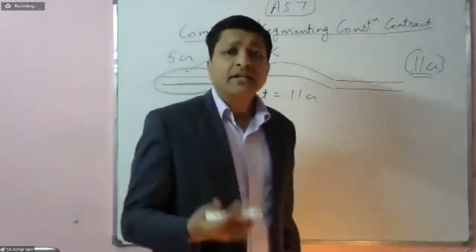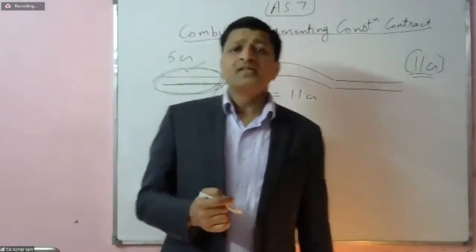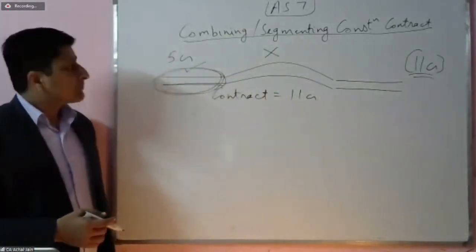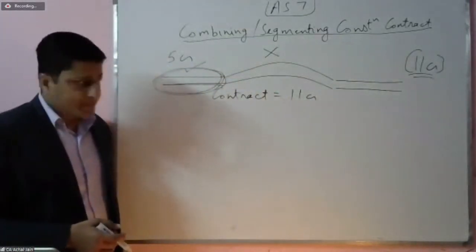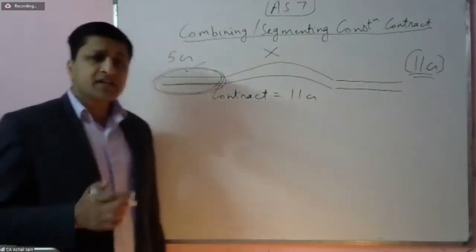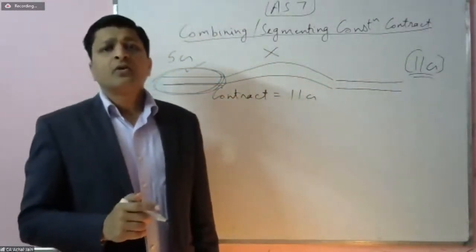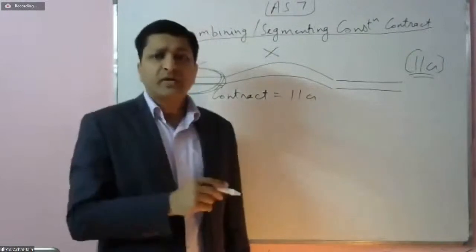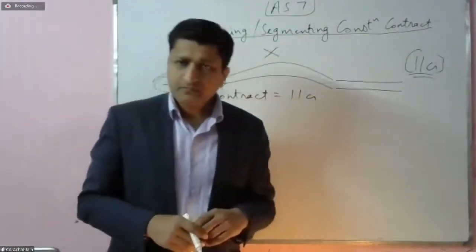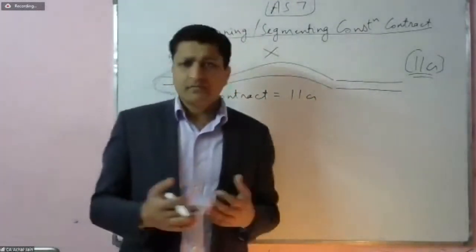Number 2. Let's look at it the other way around. Now, let us suppose for these 3 contracts, contractor submitted only one bid, and that was for 11 crores. Internally, the costing for the contractor was available.